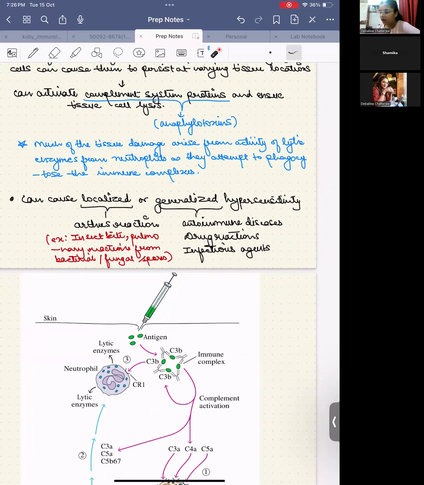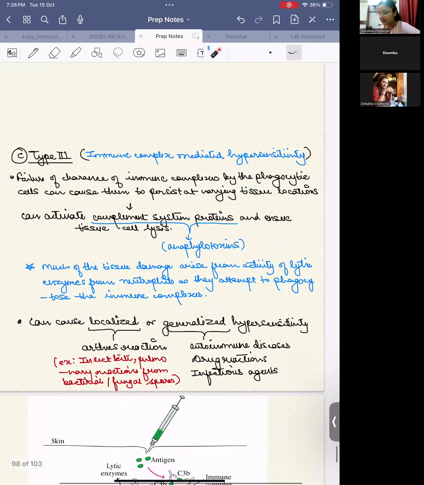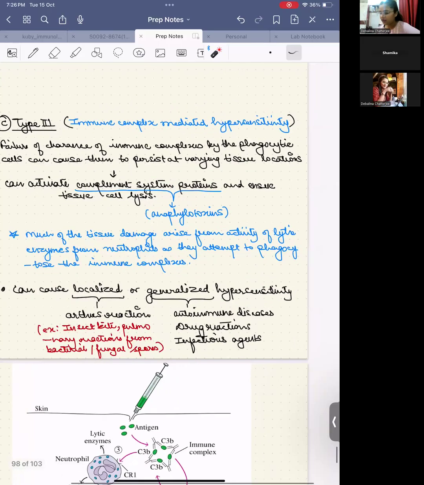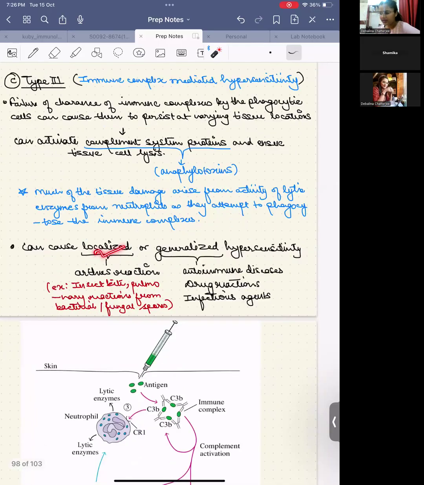So, just like type 1 hypersensitivity, type 3 hypersensitivity could also be localized or generalized. Generalized, again, means systemic, right? So systemic type 3 hypersensitivity is seen in autoimmune diseases or in drug reactions. Penicillin administration can also lead to type 3 hypersensitivity development.